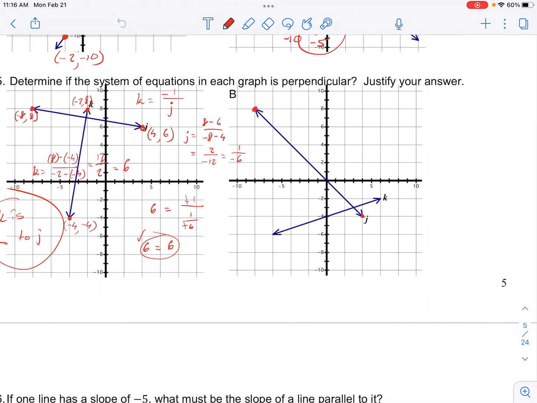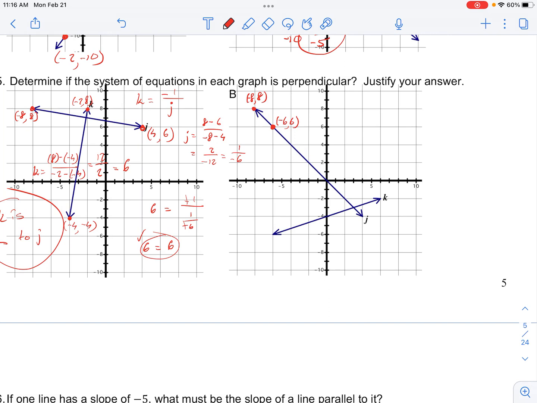We can probably use another set of points, because this line looks like it has a slope of -1. So this is pretty easy. This is just 8, 8, and this is -8, 8.